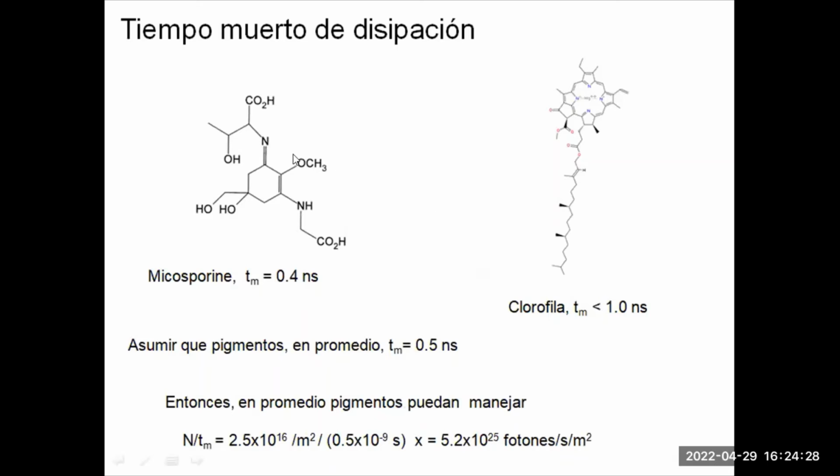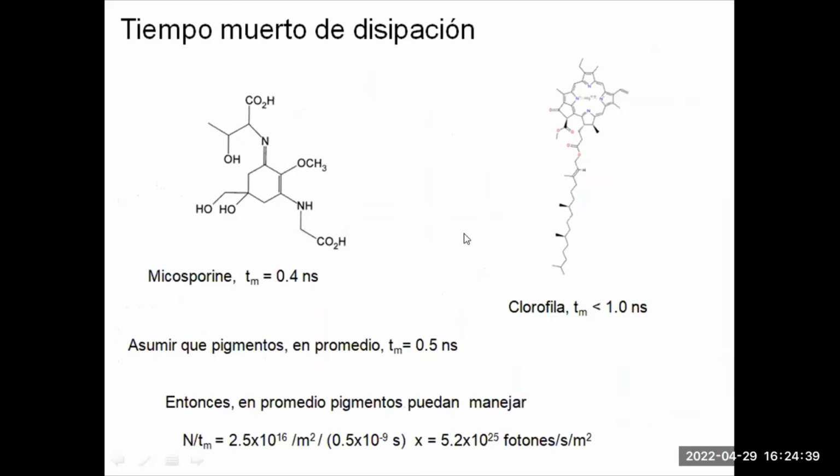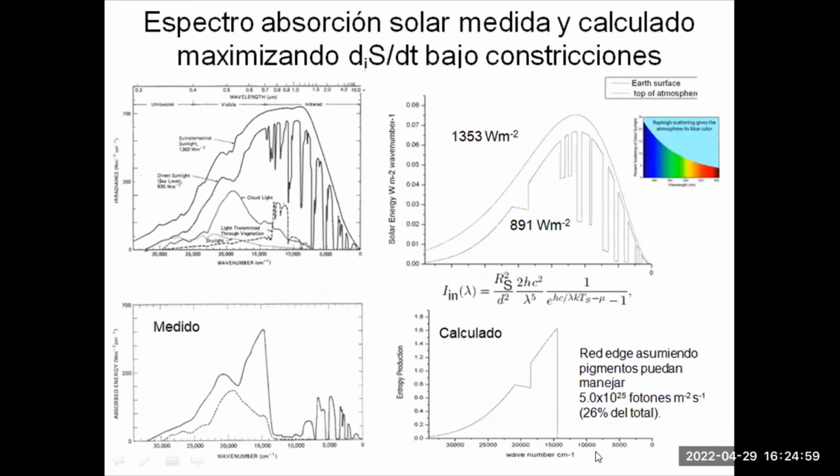And if we know the lifetimes of these pigments, and we assume an average lifetime of about 0.5 nanoseconds, then we can easily calculate about 5.2 times 10 to the 23, I can't read it, photons per second per meter squared. I can't read it because there's a silly bar which I cannot get rid of here on the screen. So I hope I got that number right.